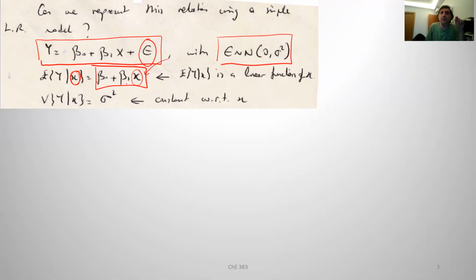Given some x value, you multiply by some constant and add some constant, and you obtain this value. This is the property obtained from the linear regression model. And the second thing is that the variance of y given x is simply equal to the variance of the noise. Note that this is not a function of x, which means it is constant with respect to x.